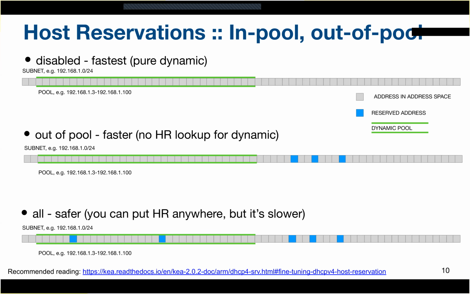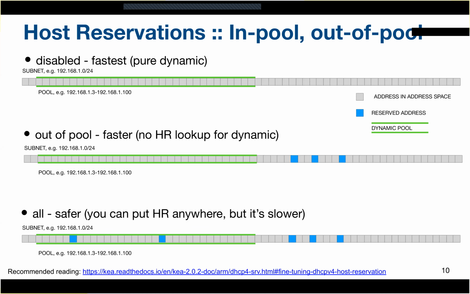The second best is when you have to do reservations, do them out of pool. Reserve some address space, and this is a logical reservation. Say, I need those last 20 addresses for my reservation, and my dynamic pool is different.